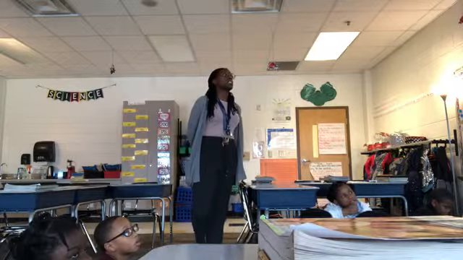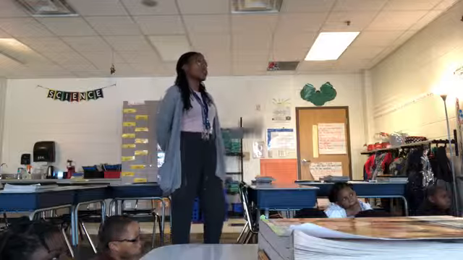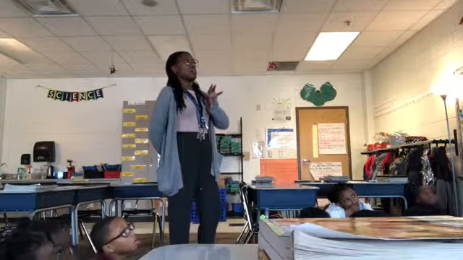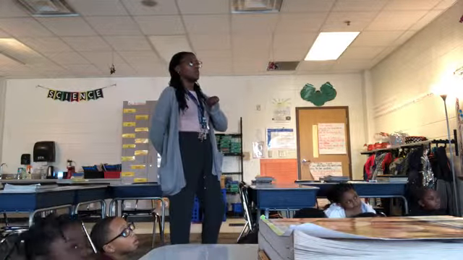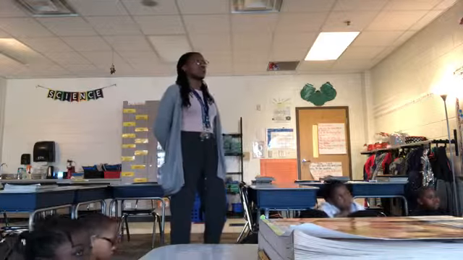So when you're showing us a picture to represent, what are your equal groups going to be? The equal groups are going to be the tables. Okay, show us the tables.